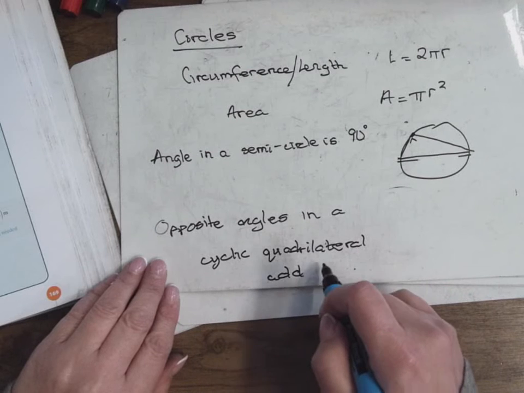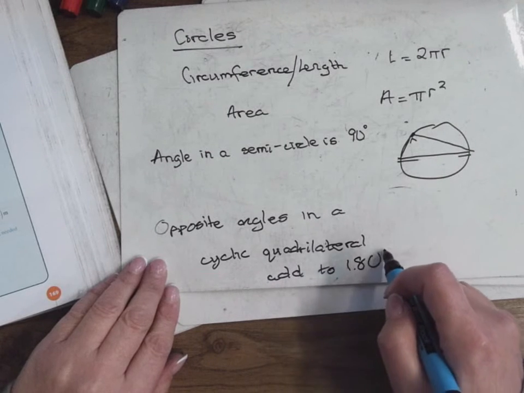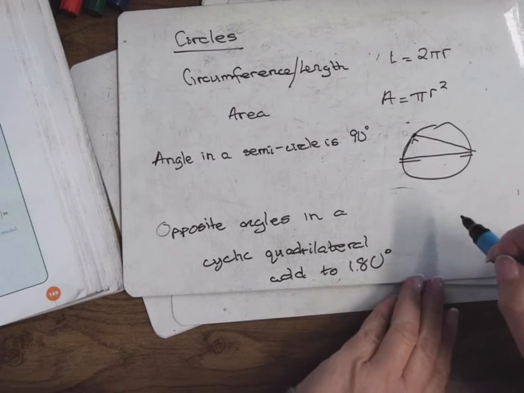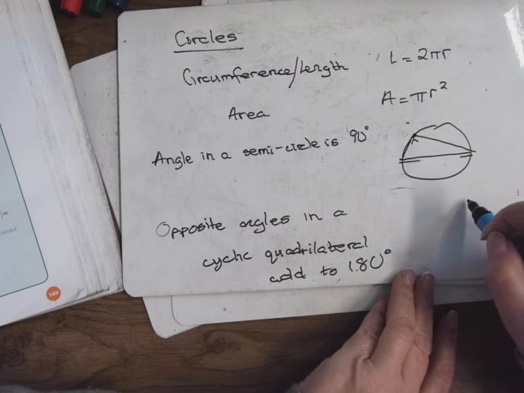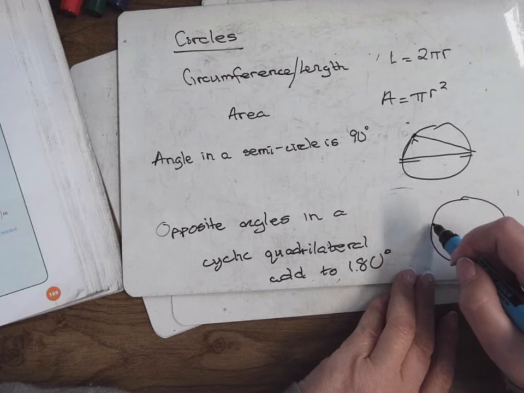This was also on your junior cert course. So what's a quadrilateral? Any four-sided shape. A cyclic quadrilateral is in a circle. So you have a circle and then you have a four-sided shape, and each corner of the shape is on the circle.